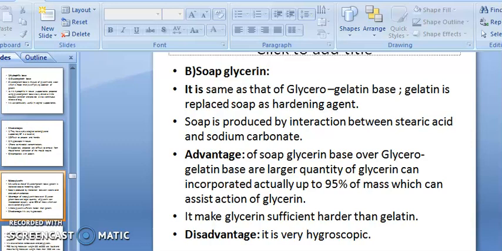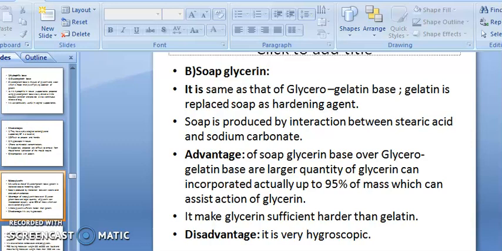What are the advantages of soap glycerin base over the glycerogelatin base? A large quantity of glycerin can be incorporated, actually up to 95% by mass, which can assist the action of glycerin. You are adding a large amount of glycerin, which assists the action of the glycerin.